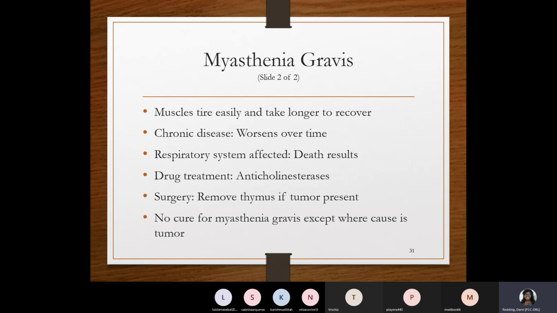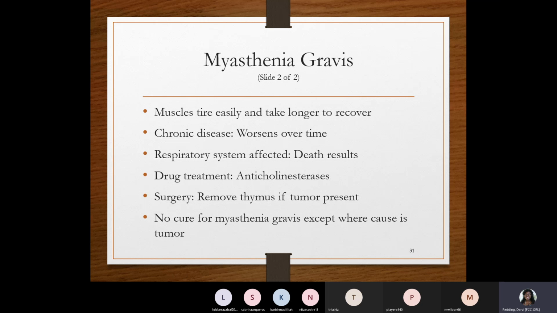And so, in understanding more about myasthenia gravis, if a person has the chronic form, it's going to worsen over time. And with the respiratory system being affected, oftentimes death results. And so the main drug of treatment for a person experiencing a condition of myasthenia gravis is the drug class anticholinesterase. And so some of those medications we'll be going into.